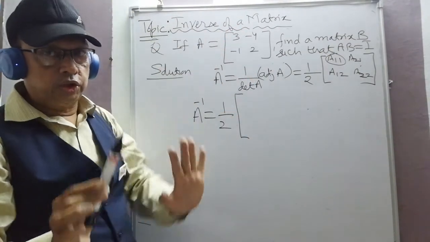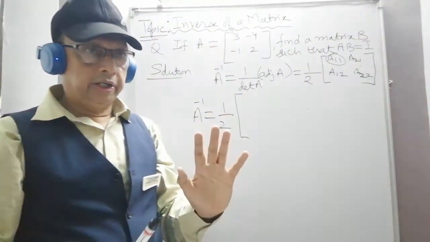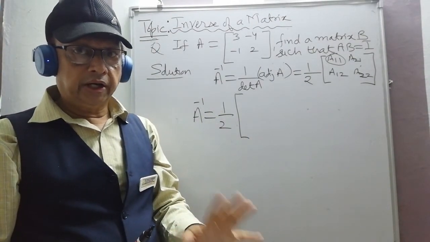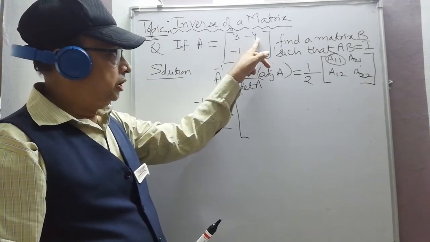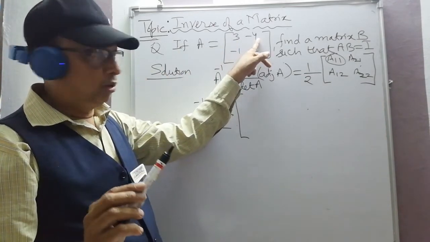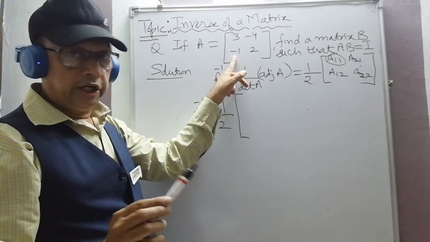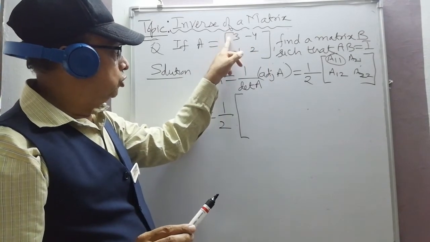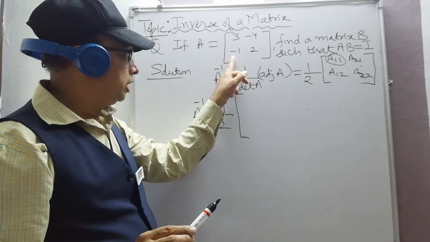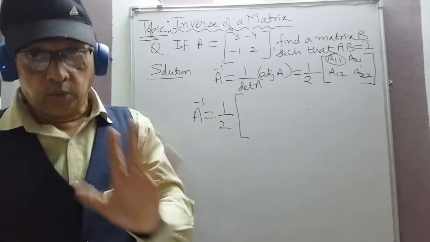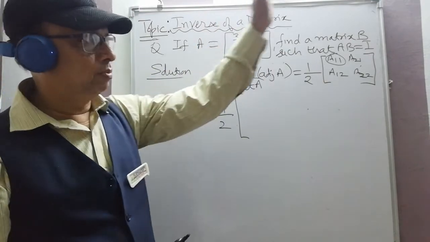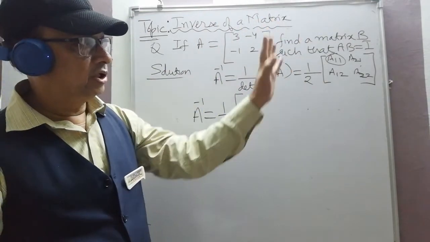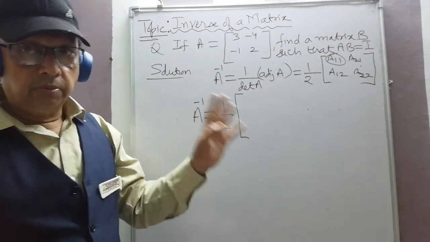One more thing I want to say, try to remember it whenever you are finding the cofactor. This is A11 positive, A12 negative, A21 negative, positive, that is positive, negative, negative, positive in 2 by 2. If it is 3 by 3, like this: plus, minus, plus, minus, plus, minus, plus, minus, plus.